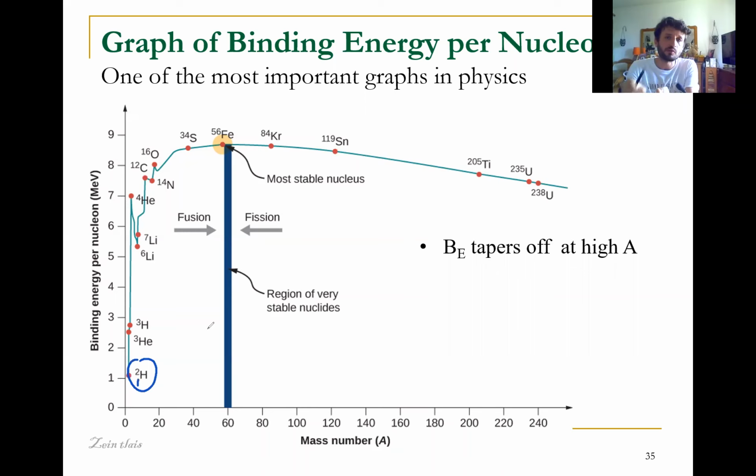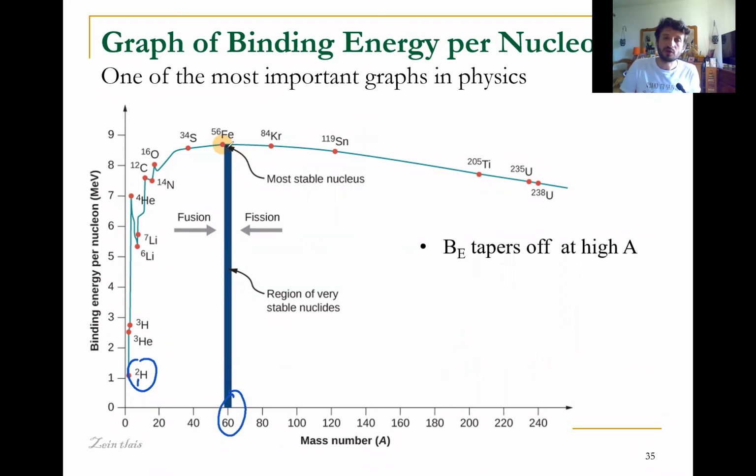In order to remove one nucleon, we need only 1 mega electron volt. It's relatively small, okay? And each time we increase the mass number A, the binding energy increases. We arrive at A equals 60.